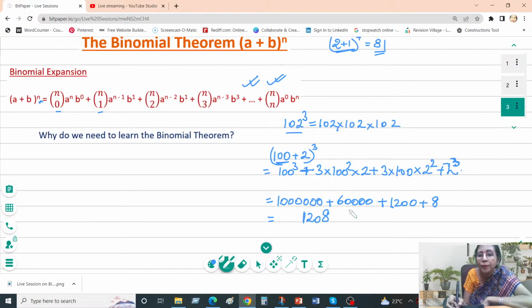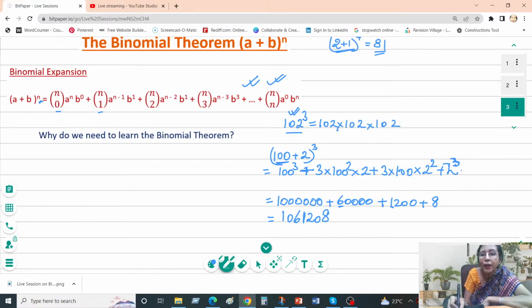So it is 1. And then the fifth one is 6. And then this is 1, 2, 3, 4, 5, 6 and 7. So it will be 1061208. This is the value of 102 to the power of 3.